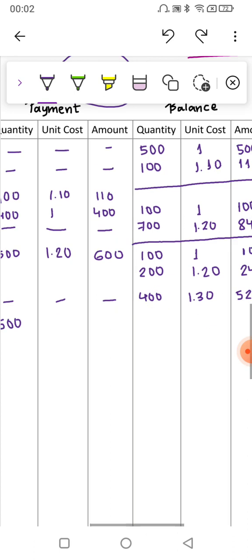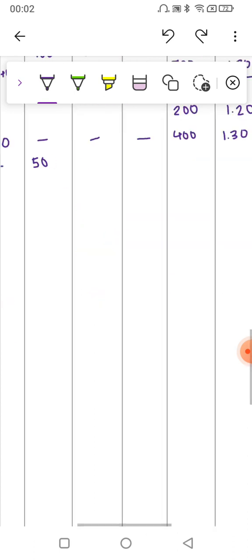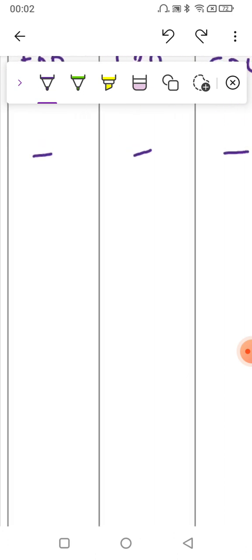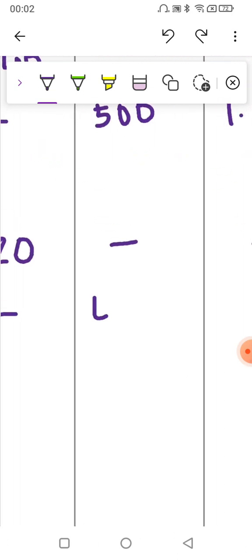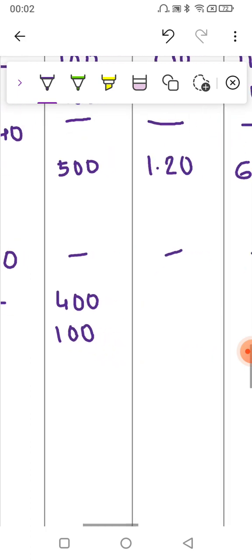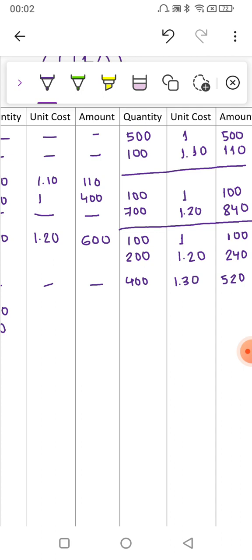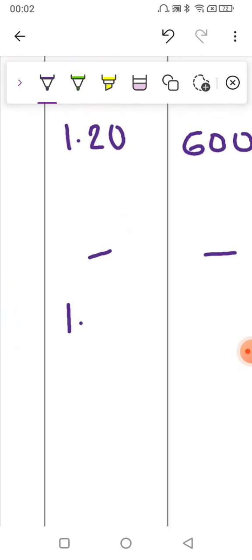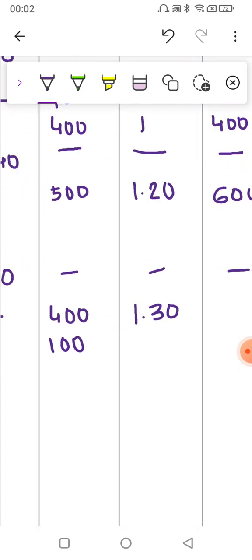First of all, split this 500 into two parts: 400 from the latest stock and then 100 from the previous one. 400 from the latest stock was priced at 1.30 per unit, and the previous one is 1.20.